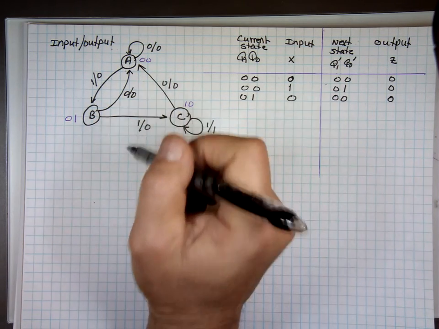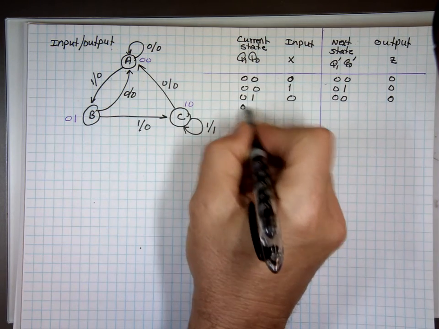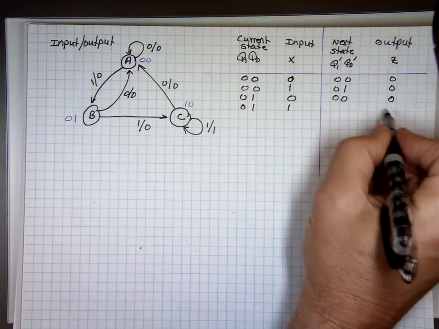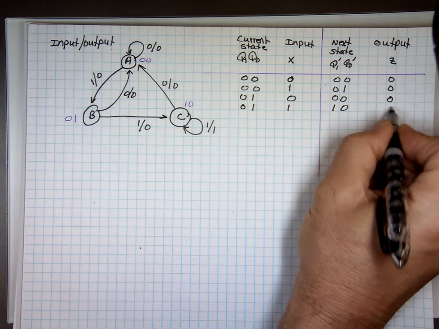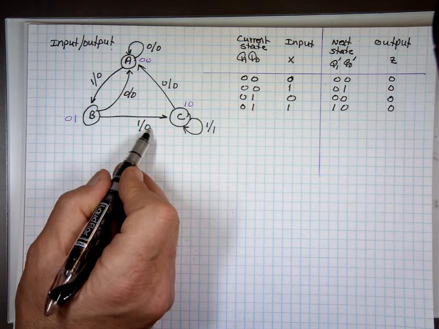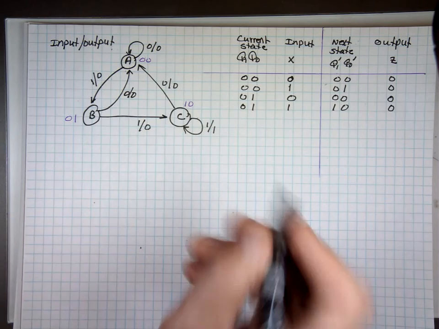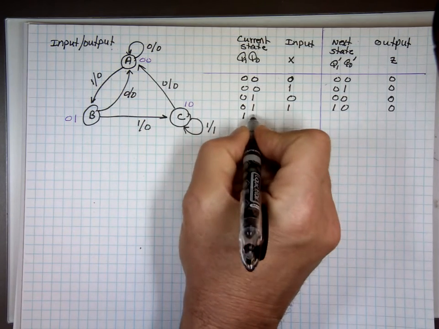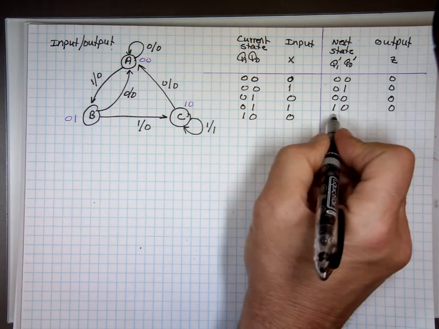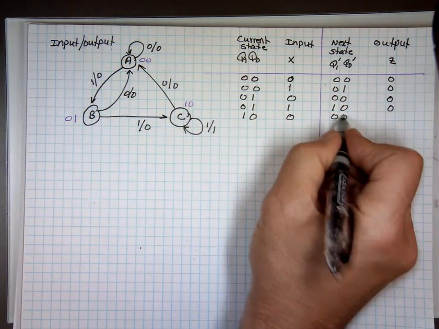If I'm at state 0, 1, and I put a 1 there, I go to where? C. And my output is nothing. Notice my output is 0, nothing. If I am at state 1, 0, that's C here, and you put 0 in it, you go back to 0, 0, your output is 0.